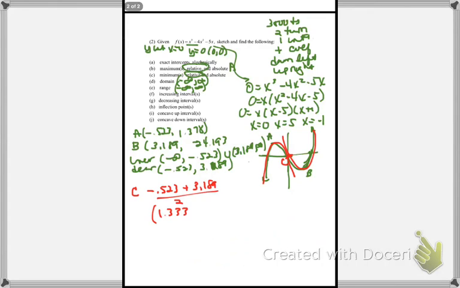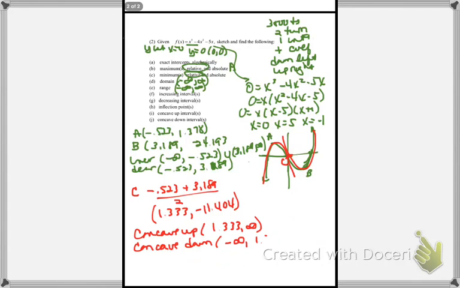Put it in your calc, do a calc value, and find your corresponding y. That's your inflection point. Your concave up goes from that point that you found to infinity, and your concave down goes from negative infinity to that point.